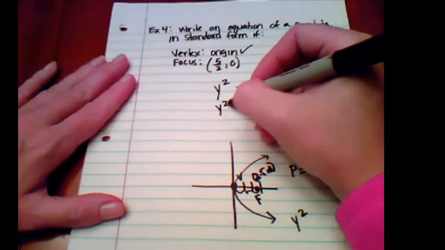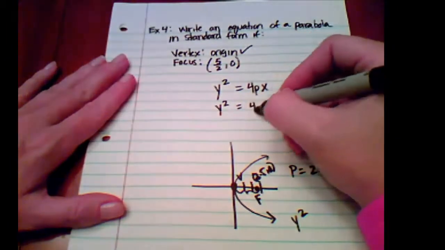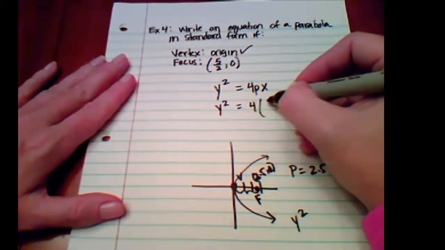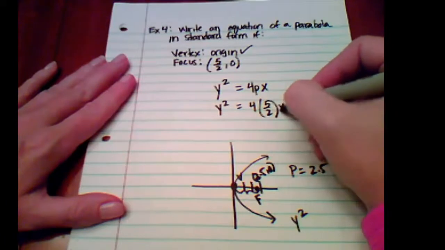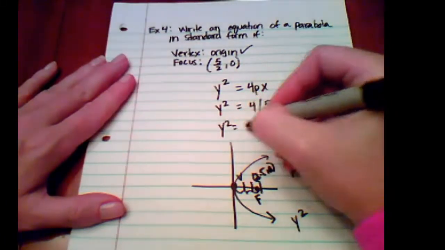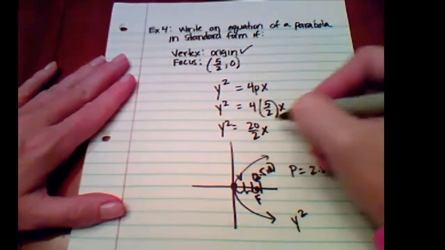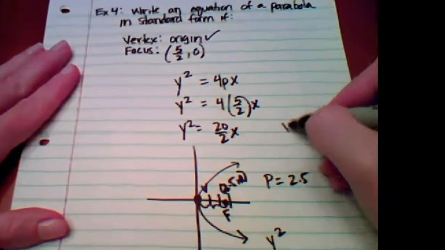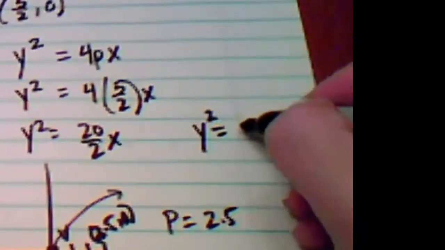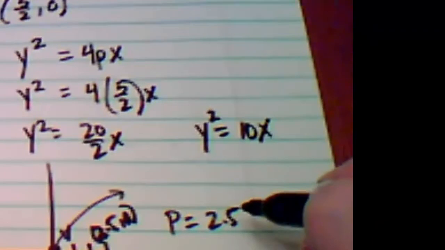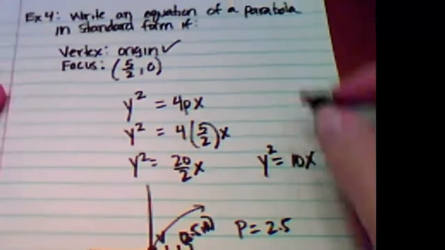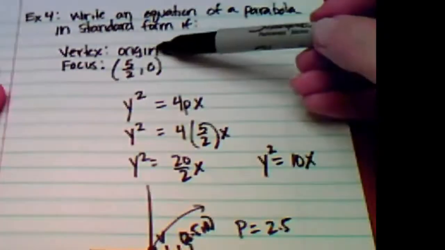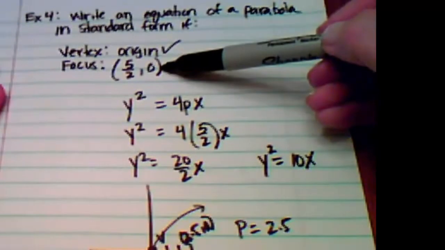So I'm just going to take y squared is equal to 4 times 2.5, or 5/2, x. So that means y squared is equal to 20/2 x, or my final answer, y squared equals 10x. And that is the equation of a parabola in standard form if the vertex is the origin and the focus is (5/2, 0).